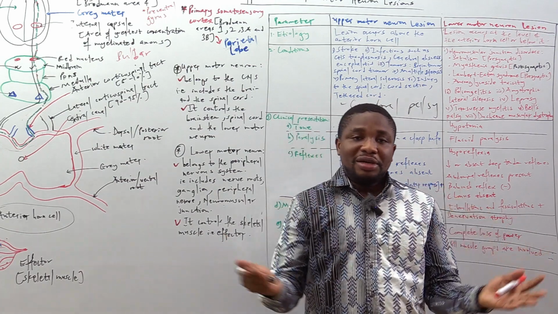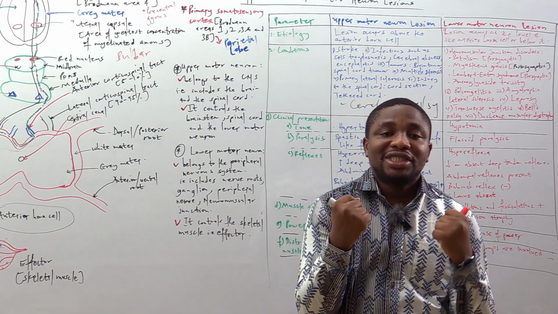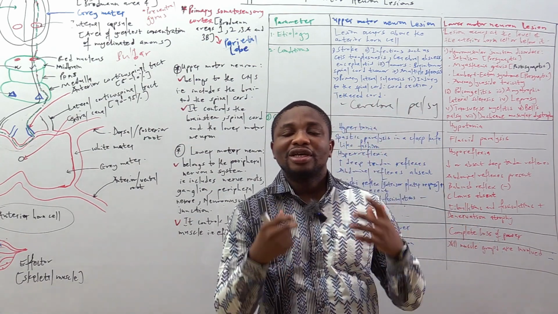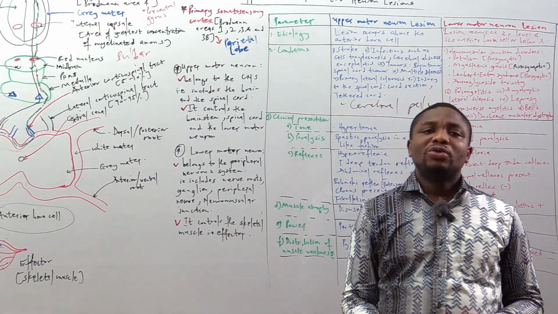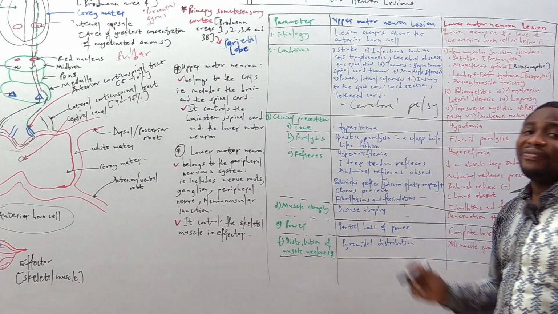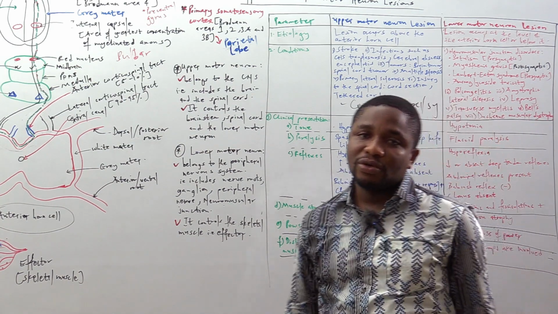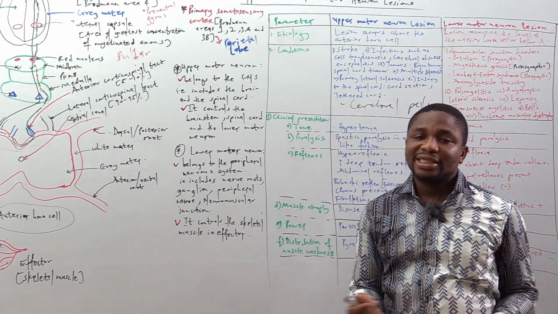For example, if you take a stroke patient or cerebral palsy patient, there's this kind of stiffness that you cannot overcome. That becomes the spastic paralysis. For the lower motor neuron lesion, it is going to be a flaccid paralysis. Flaccid. If you take the arm, it will just fall. There's no spasticity there. It's flaccid.